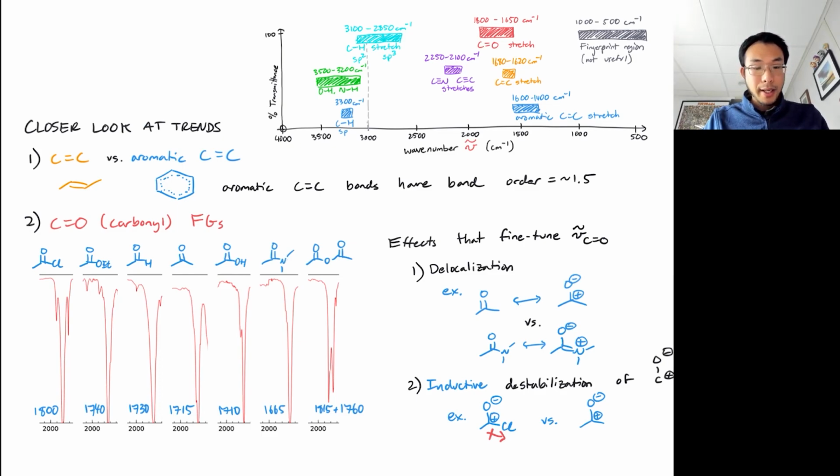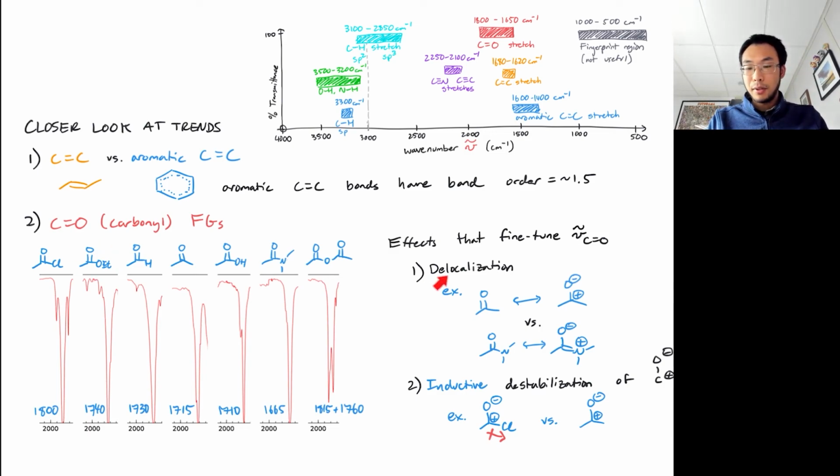You can compare that against the ester here, where there's an oxygen next to that carbon. Oxygen is more electronegative than chlorine, yet from the stretching frequencies, it seems it's not as impactful. The reason is that for the ester, there are two different effects operating.